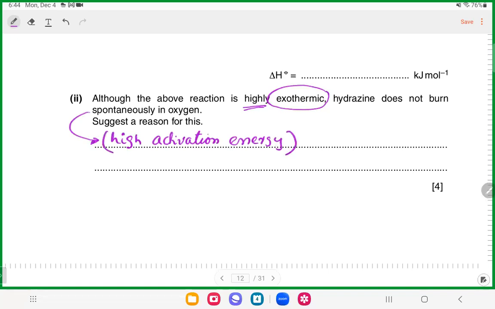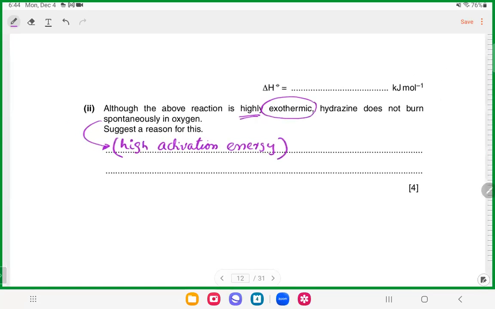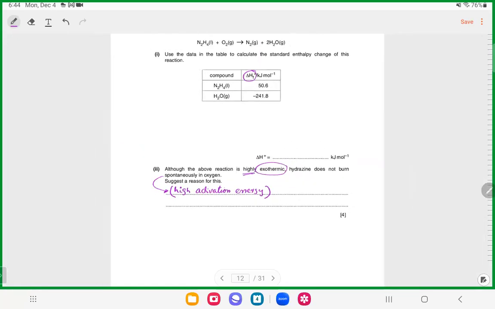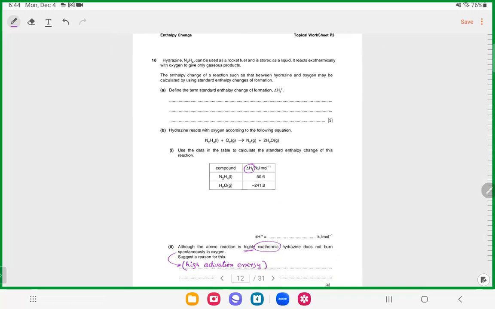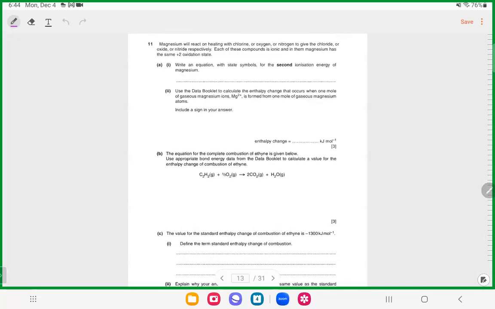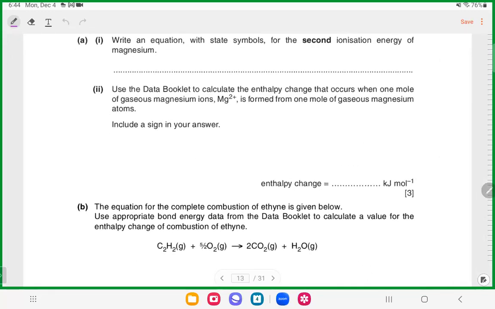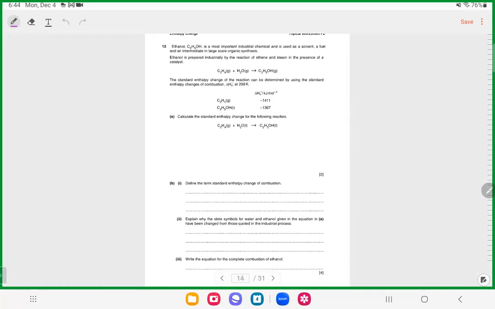That's why the reaction is not accomplished as a spontaneous reaction. Okay? So for all exothermic reactions our prediction is that the reaction is spontaneous, but the reaction is not spontaneous. So that means its activation energy value must be high.